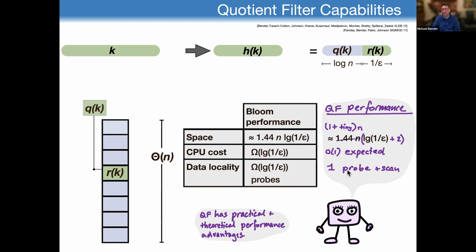Whereas in this data structure, you do a hash for the right position in the hash table, and you just have to scan the same way you would with linear probing. So the data locality is really good because it's just one probe and then a small scan, possibly. And the space also turns out to be asymptotically better. The 1.44 turns into a 1.